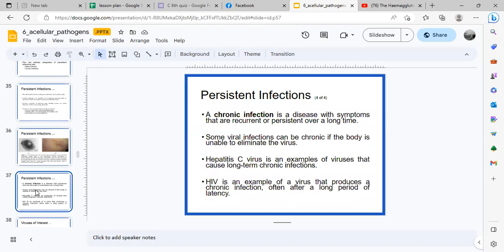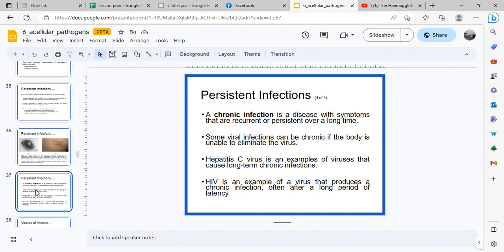Okay, so yun. So, a chronic infection is a disease with symptoms that are recurrent or persistent over time. So, example yun is hepatitis. So, some viral infections can be chronic if the body is unable to eliminate the virus. So yun, you have a long-term chronic infection caused by hepatitis C. Another example is HIV, no?